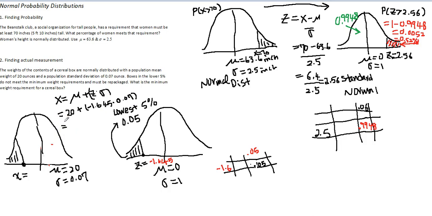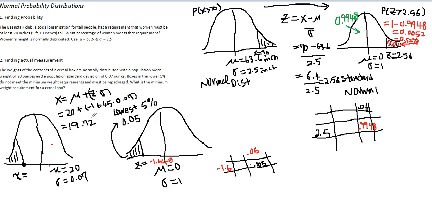Let's multiply this: minus 1.645 times 0.07, plus 20. I get about 19.72 ounces.